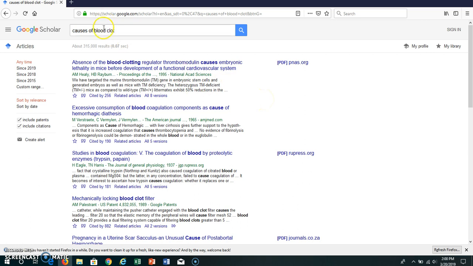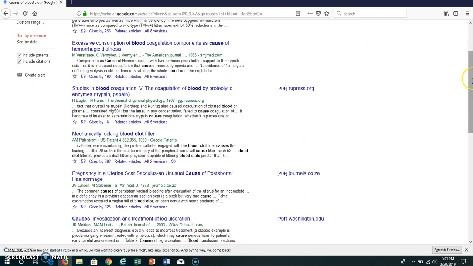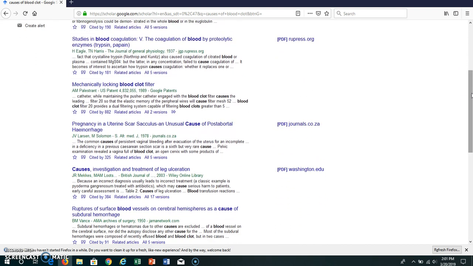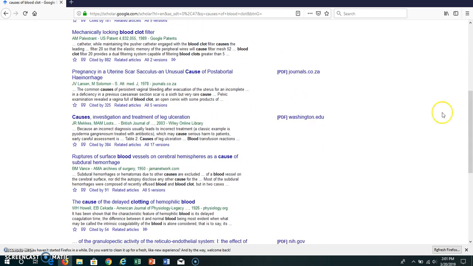So after typing causes of blood clot, Google Scholar, like I mentioned, gives you a broad number of results. So you just have to look through and find which one you think would be valuable to you. And there's a PDF of a previous research on causes, investigation, and treatment of leg ulceration.